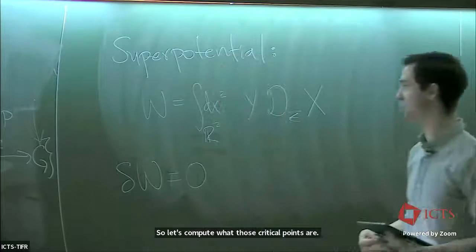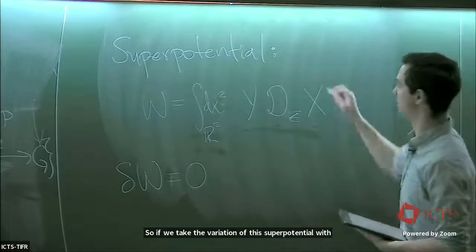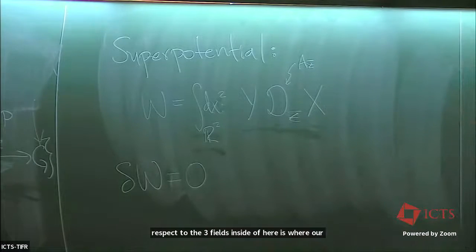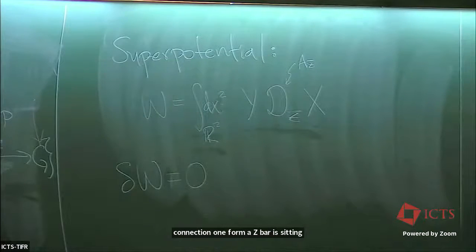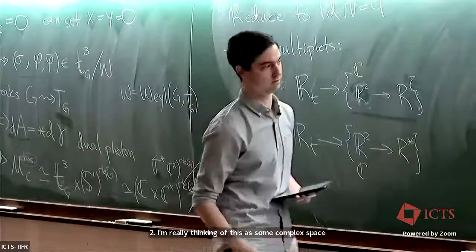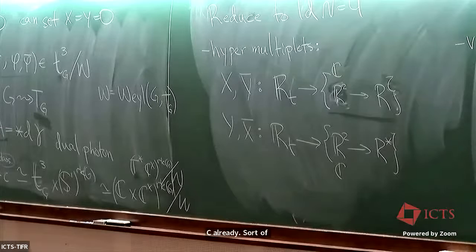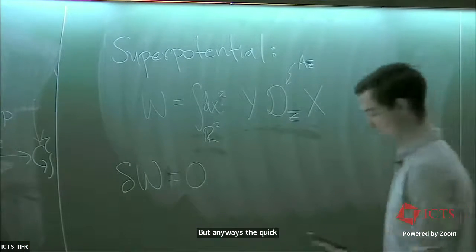If we take the variation of this superpotential with respect to the three fields, inside of here is where our connection one form A_z bar is sitting. One thing I should mention is that instead of just thinking of this as R2, I'm really thinking of this as some complex space C. I already sort of illustrated that by having z's here. But anyways, there are three equations that describe the critical points of this superpotential.